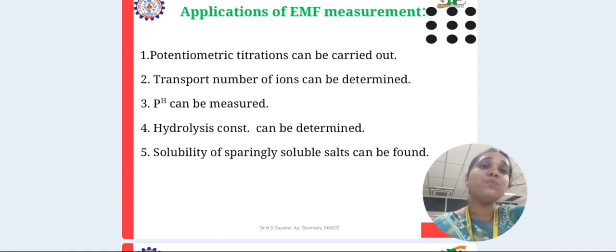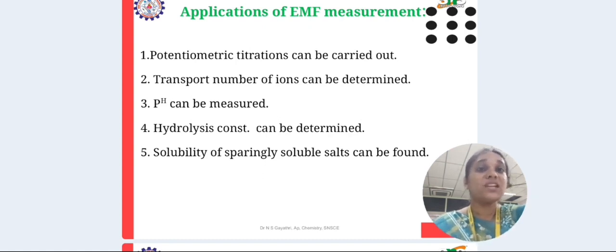The transport number of ions can also be determined using EMF measurement. Using EMF measurement, the number of ions transported from one end to another can be calculated, and the pH of the solution can be determined.